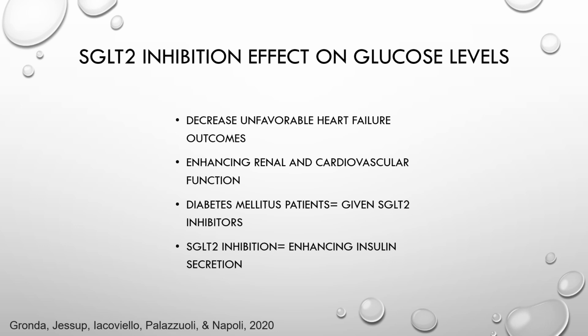In patients with diabetes mellitus who are given SGLT2 inhibitors, or sodium glucose cotransporter inhibitors, sodium and glucose excretion is improved, which lowers the glycosuria threshold and increases the tubular maximum transport for glucose.